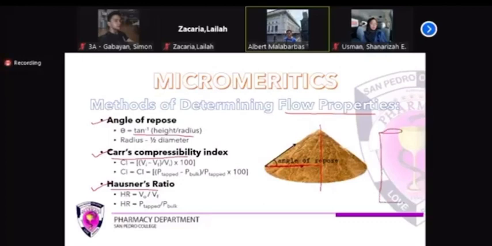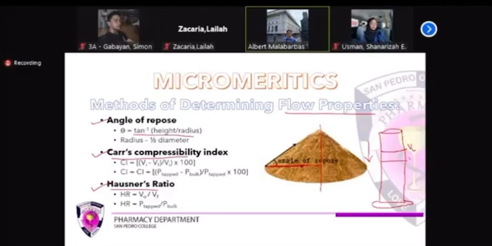In a manufacturing setting, when you put powder in a graduated cylinder, the powder traps air within itself, in the spaces. After which, the powder in the graduated cylinder is tapped down. After tapping down, the volume decreases. The prior volume is what we call VI, the initial volume.